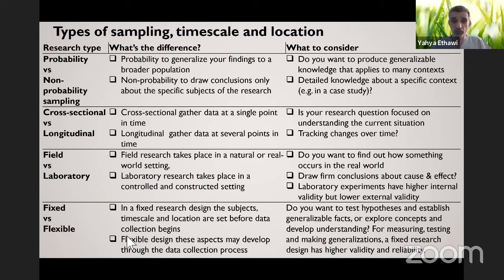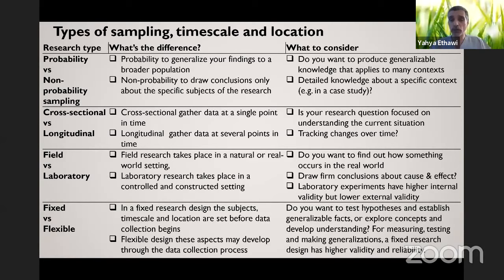Fixed versus flexible: fixed is when you do the design prior to the recruitment and you never change it. Flexible, you change it with time. So if you want to test a hypothesis, you have to go with a fixed study. If you want to generalize your conclusion to a large sample size or targeted population, you do fixed.